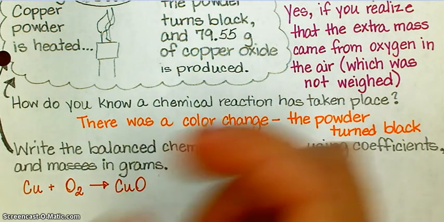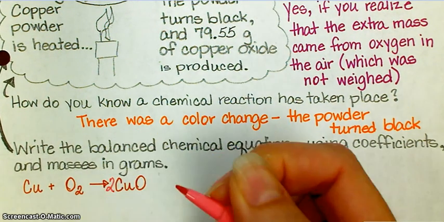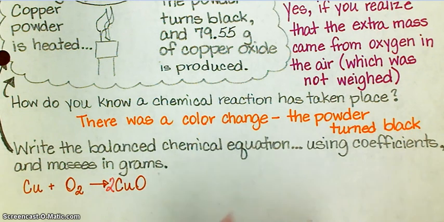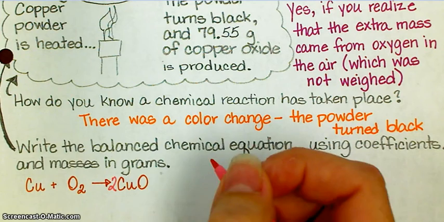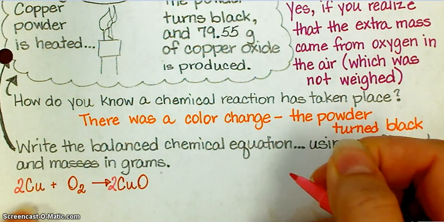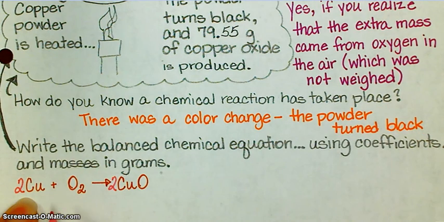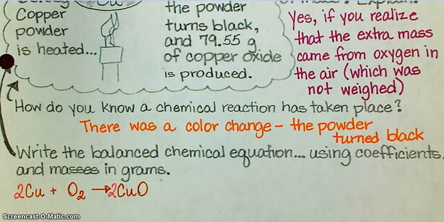So I'm actually going to add a coefficient of 2 in front of copper oxide, and that fixes the oxygen. But then I have to come back over here to the other side and fix the copper. So 2 atoms of copper react with 1 molecule of oxygen gas. Remember, 1 molecule of oxygen gas has 2 atoms, producing 2 molecules of copper oxide.